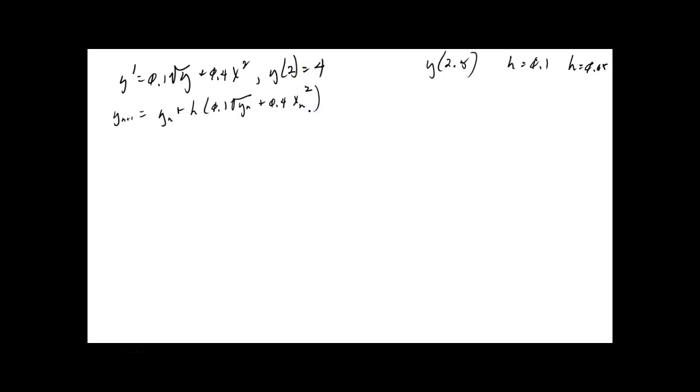That's what we're going to use. We know our initial point, so we're going to plug that in. We've already done this one. Y sub n plus 1 is equal to 4 plus 0.1 times 0.1 times the square root of 4 plus 0.4 times 2 squared.